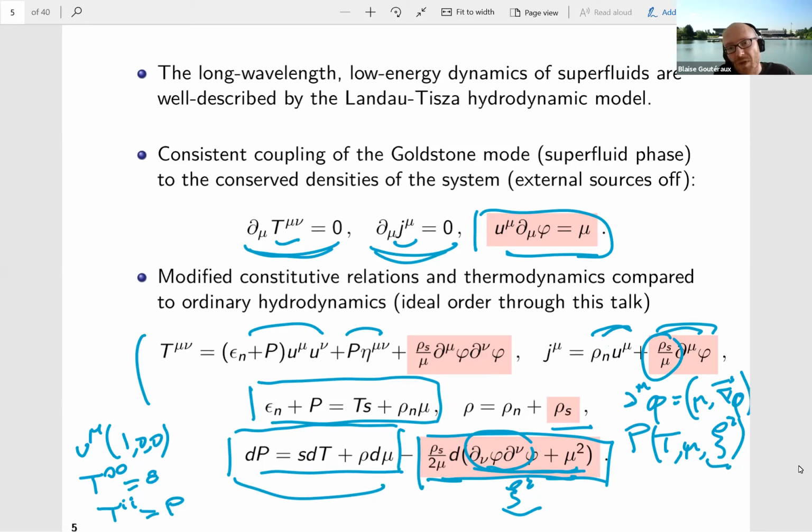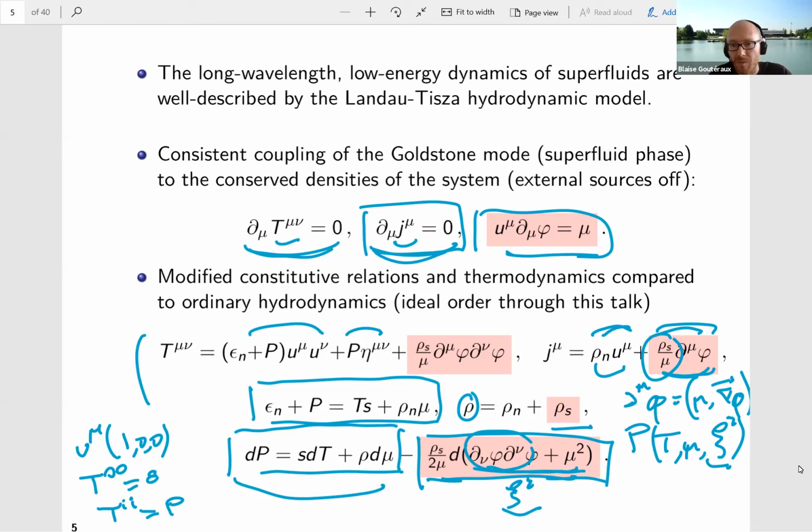So this is why sometimes people refer to superfluid hydrodynamics as the two-fluid model, because they want to think of it as some normal fluid intertwined with the superfluid. So a normal dissipative fluid and a superfluid, which is dissipationless. This is a little misleading because it's not like you have two conserved charges making up your system. You still only have one charge, which is this rho, and which is governed by one conservation equation, the usual d mu j mu equals 0.